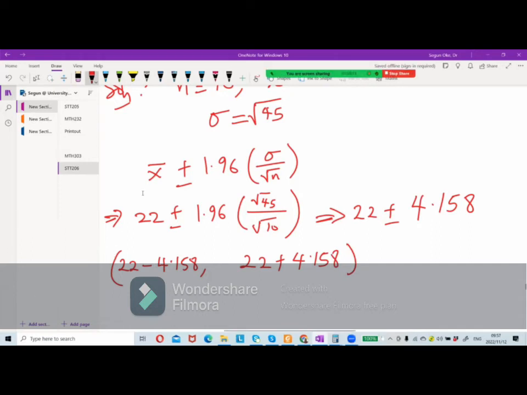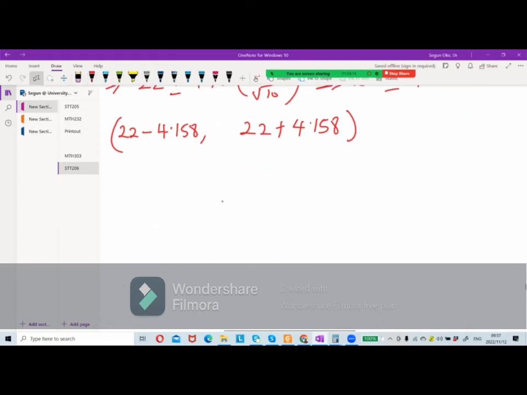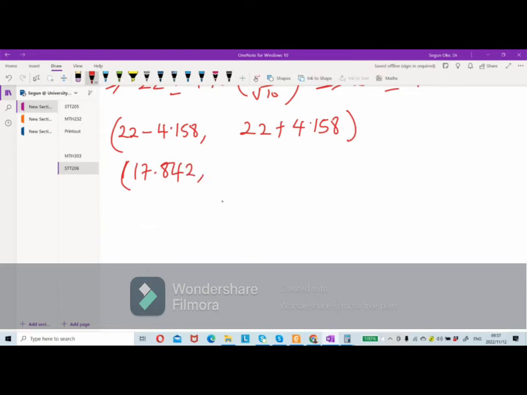So at the end of the day, you will have 17.842 and 26.158 at 95% confidence interval. So that is what they ask you to calculate. Any question on this?